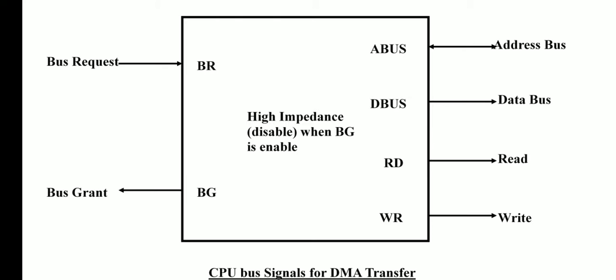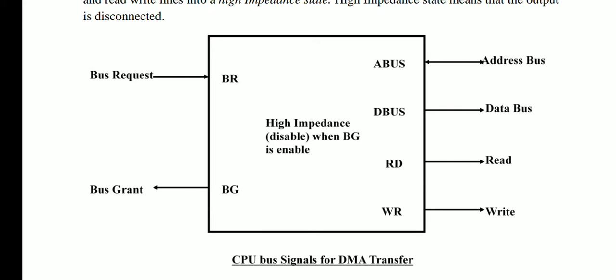This is a diagram of the DMA transfer signals of the CPU. There are two signals, bus request and bus grant. On the left-hand side are the address bus, data bus, and read and write operations.